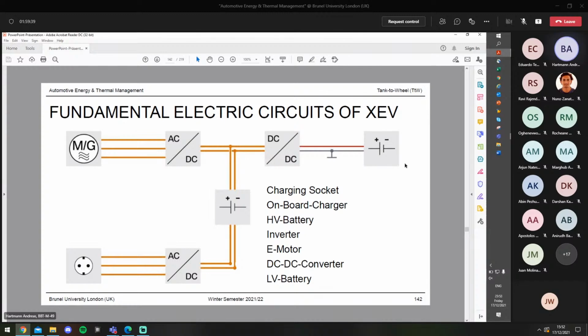On the other hand, you will still have a 12-volt electrical net on board to make all the low power consumers run, such as the HiFi system and so on and so on. And this is why you need a DC-DC converter, which transforms the high voltage electricity of the battery into 12-volt electricity to make all the auxiliaries, as mentioned, run.